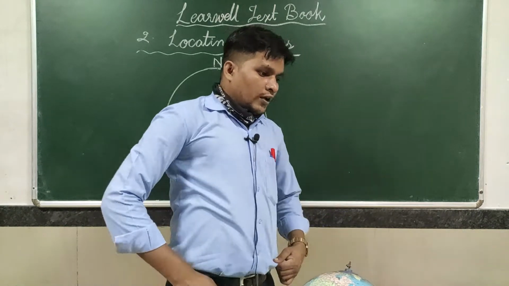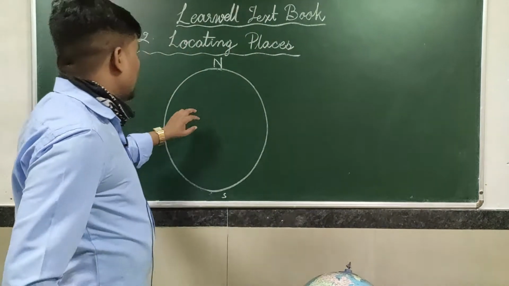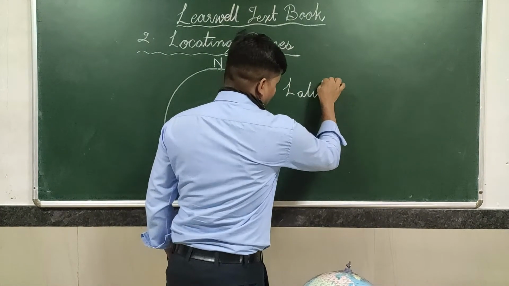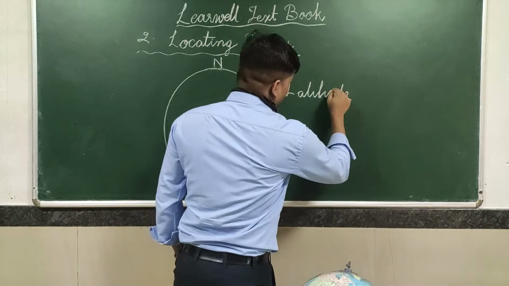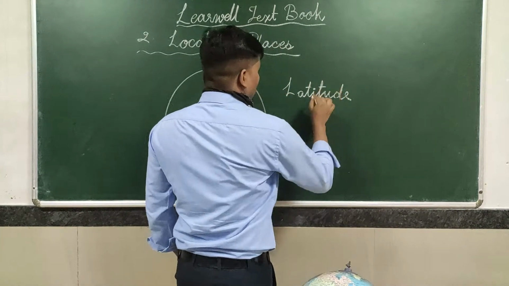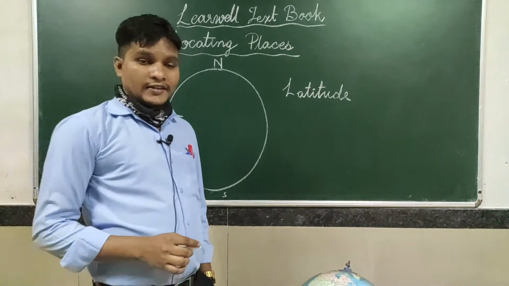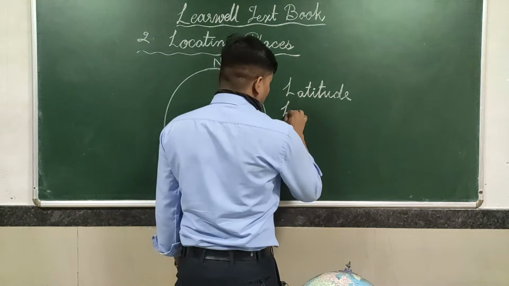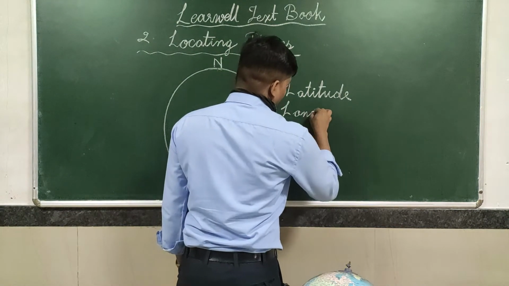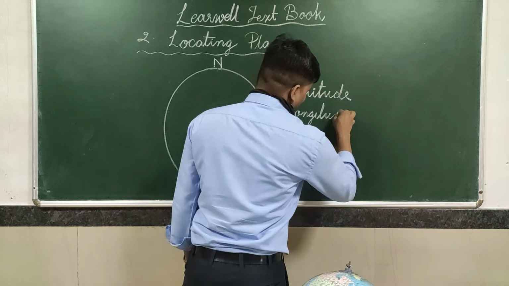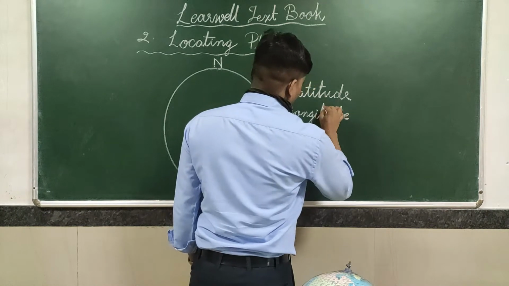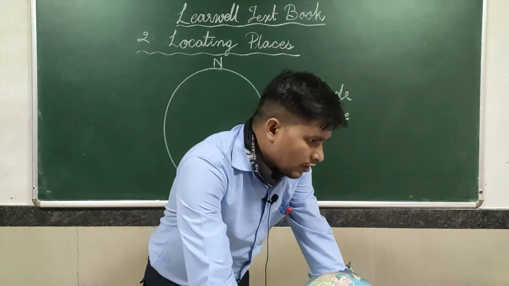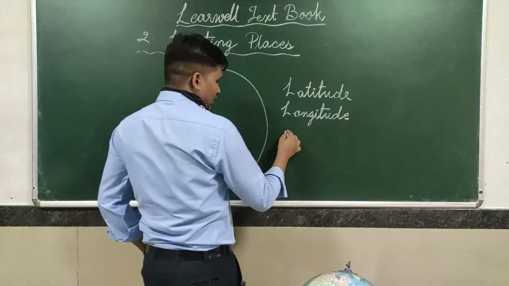So in this lesson we are going to learn what? Locating places. First one is latitude, then after that longitude, then after that we will learn grid.